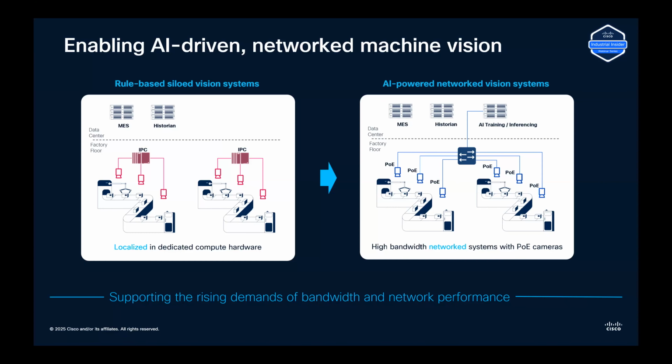Instead of static rules, you have AI algorithms that can process this data and come up with a more accurate determination of what could be wrong. And obviously, the network has a role to play here, because we are moving from those static systems to a high bandwidth network that is required for collecting all the data and to power those cameras in the first place.